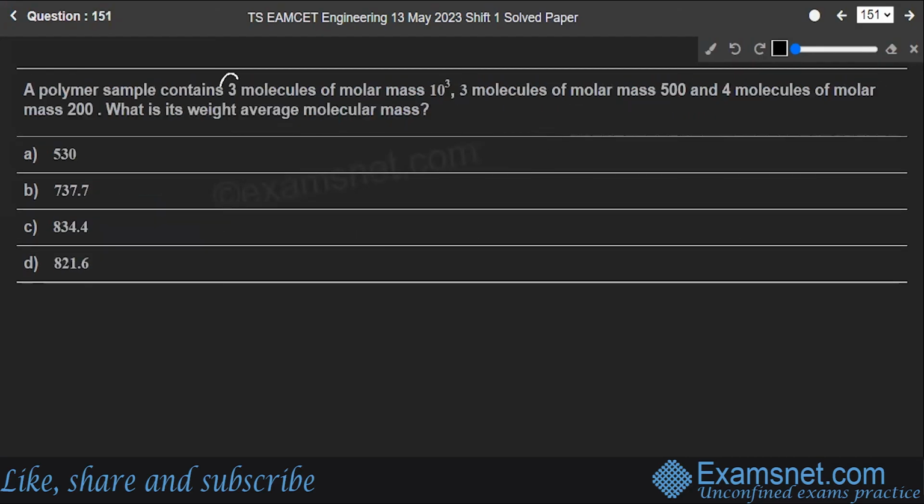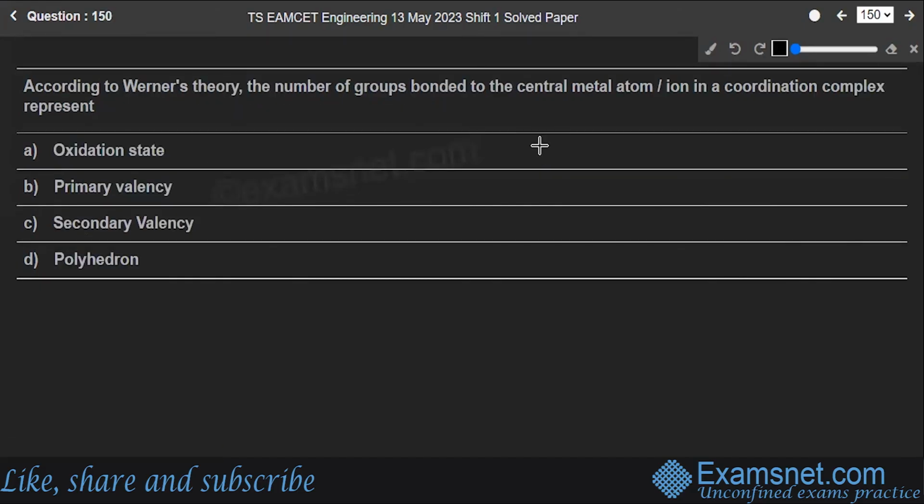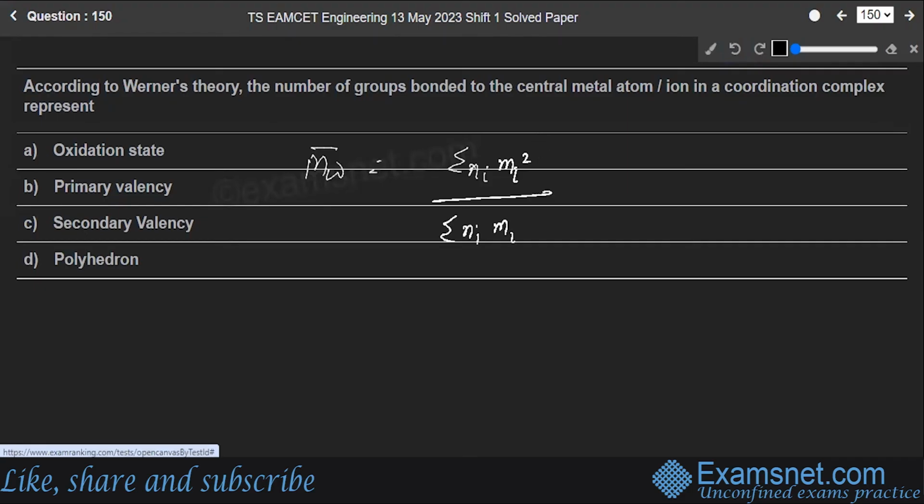The polymer sample contains 3 molecules of molar mass 10 power 3, 3 molecules of molar mass 500, and 4 molecules of molar mass 200. What is the weight average molecular mass? See, the weight average molecular mass is given by summation Ni Mi squared divided by summation Ni Mi.